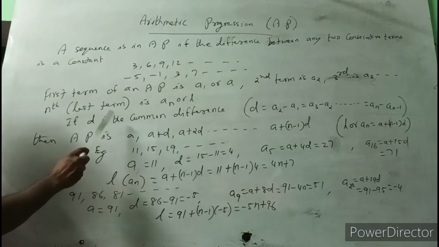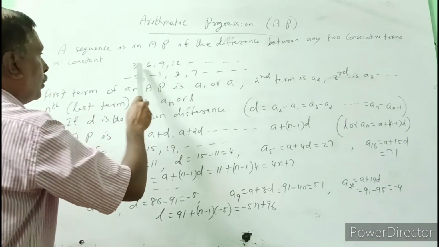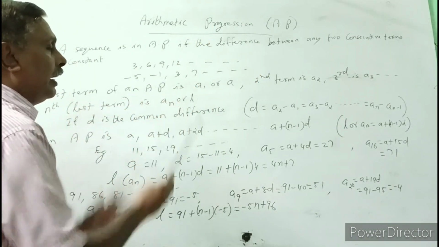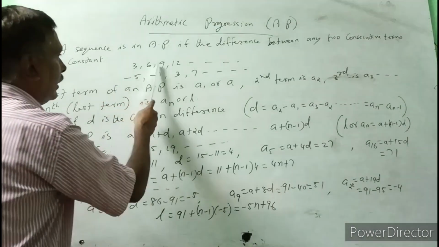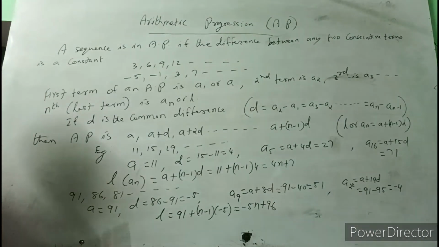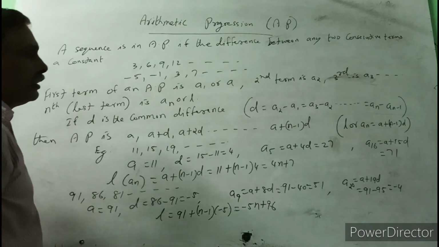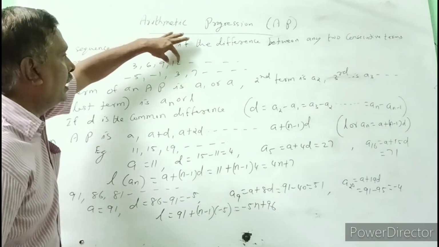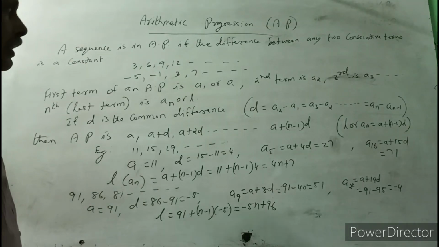If D is the common difference, meaning the constant difference, as I told you, between two consecutive numbers we will get a difference. Here 3, 3, 3, everywhere 3. So such a number we denote by D. D is the common difference. That means the constant which you are getting from here is called the common difference. It is denoted by D.